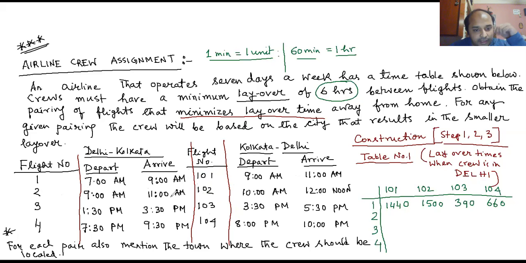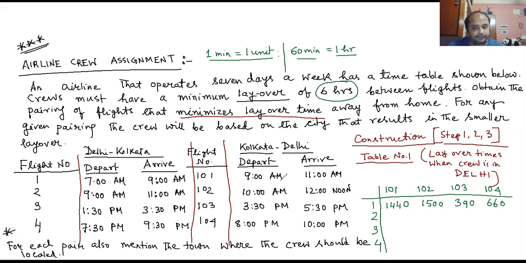Now it arrived in Kolkata at 11 a.m. and it departed at 9 a.m. So this 9 a.m. is definitely of the next day. So we have 12, 1, 2, 3, 4, 5, 6, 7, 8, 9, 10, 11, 12, 1, 2, 3, 4, 5, 6, 7, 8, 9, 22 hours.